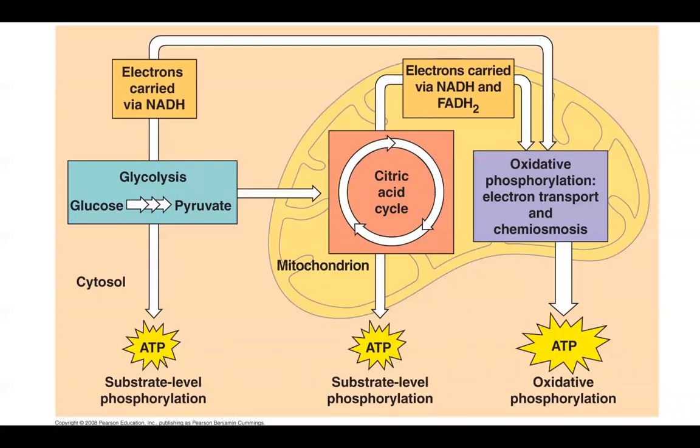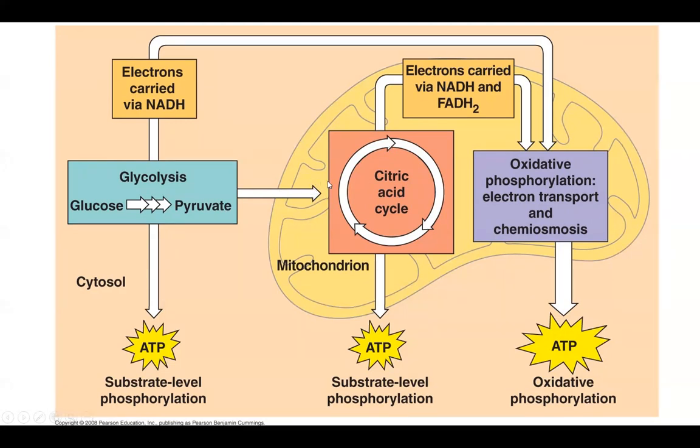Cellular respiration is generally broken up into a few parts. We've got glycolysis, which will happen in the cytosol of our eukaryotic cells. We'll also have a step that isn't quite shown here, but we'll talk about it, where we take our pyruvate and process it to get it ready to enter the citric acid cycle. This will happen in the matrix of the mitochondria.